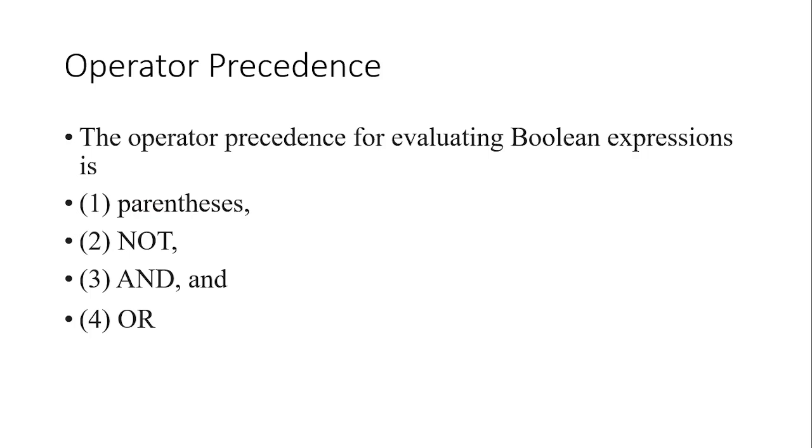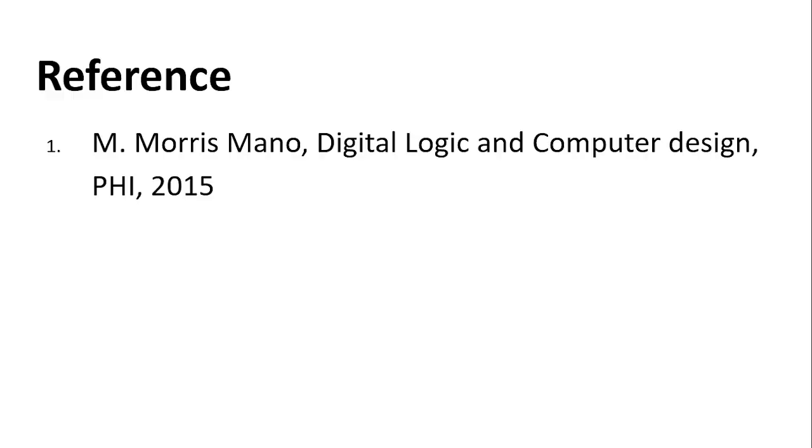According to Boolean algebra, anything inside the parentheses has to be solved first. Then the precedence is for the not, then the and, and finally the or. This is how you need to solve the Boolean expression.